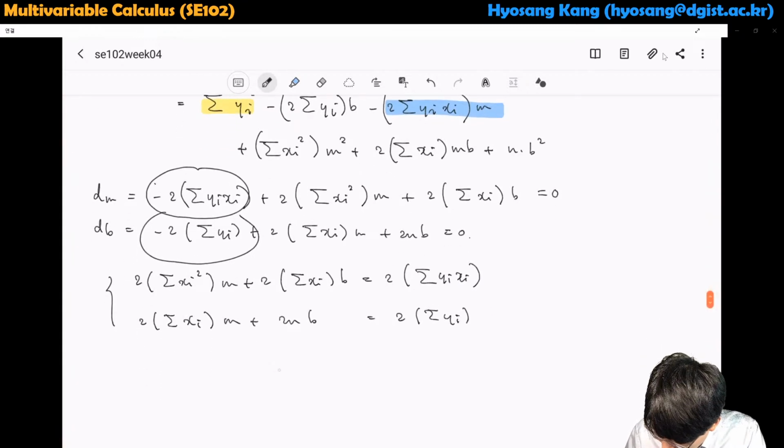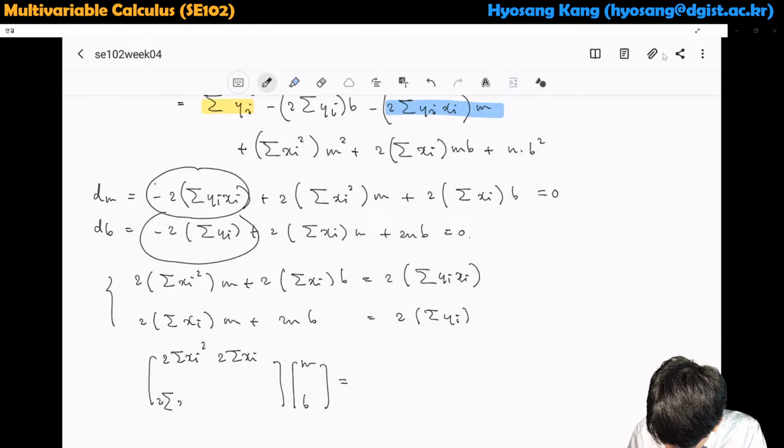So I can rewrite this as the matrix [2Σxi², 2Σxi; 2Σxi, 2n] times (m, b) equals (2Σyi xi, 2Σyi).